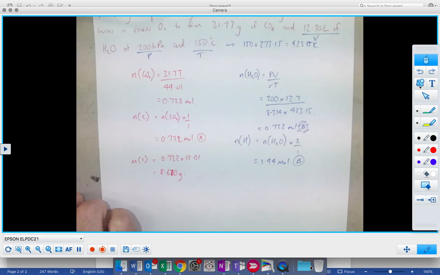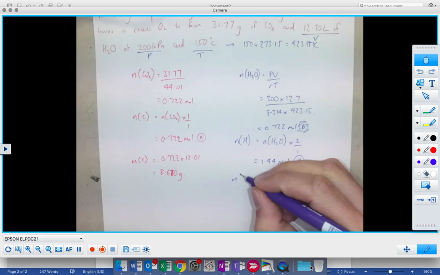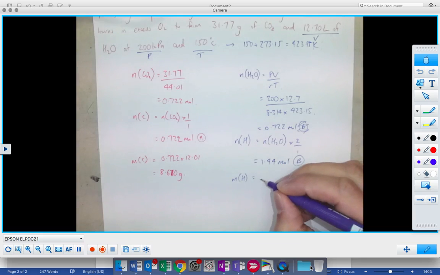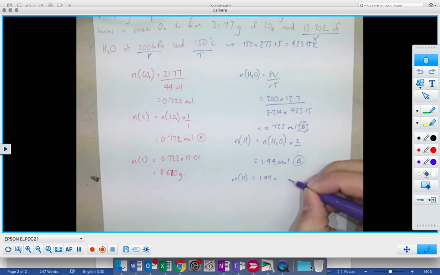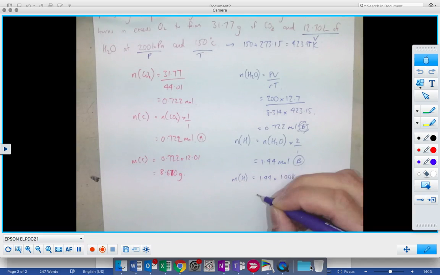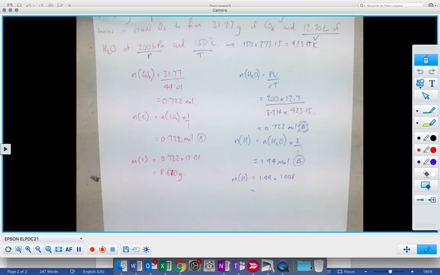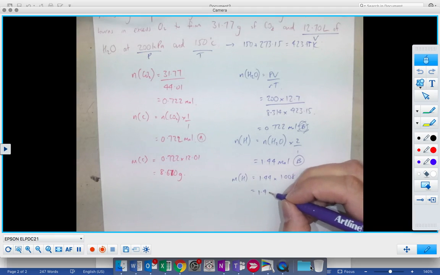And the mass of hydrogen is going to be B times 1.008, which happens to be 1.456 grams.